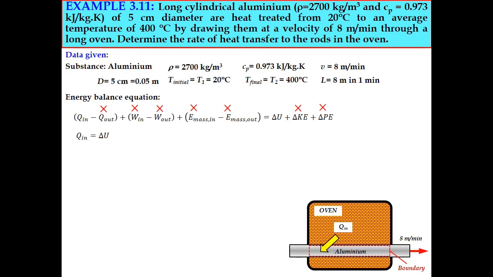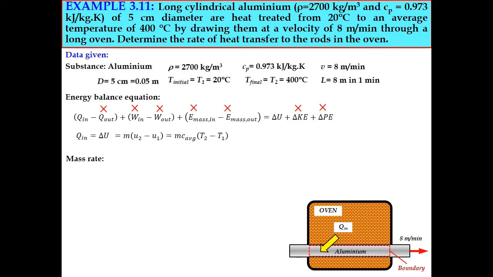So the remaining term is only Q in equal to delta U. If we elaborate, Q in equal to m multiplied by u2 minus u1, and we can replace u2 minus u1 with the formula involving specific heat. Q in equal to mass multiplied by C average for the aluminium multiplied by T2 minus T1.